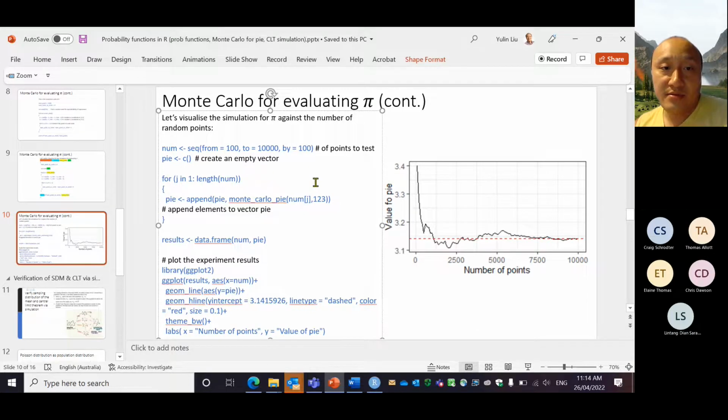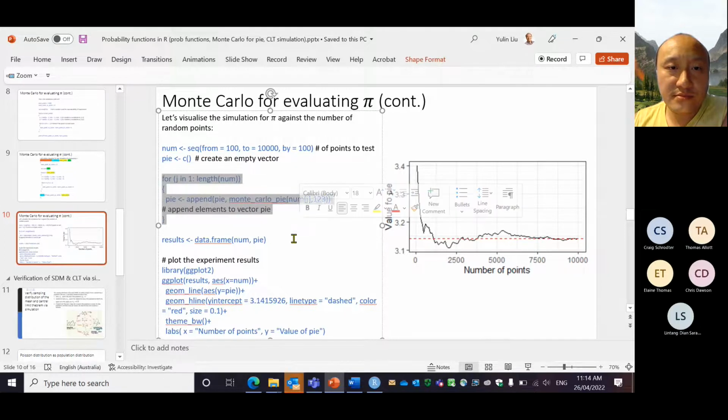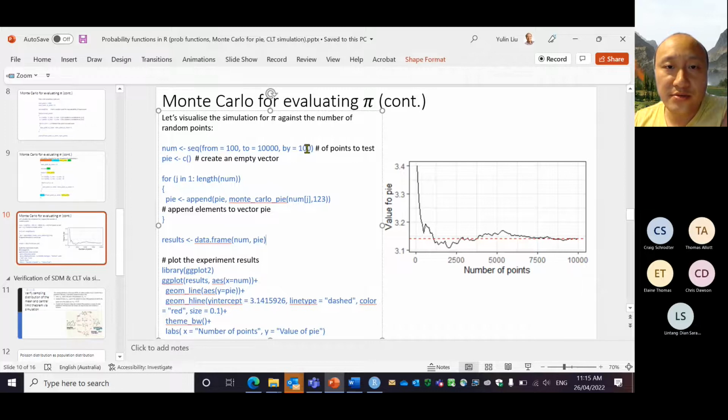And that is the code to do the experiment. Okay. So now we have a sequence here. It's from 100 to 10,000 by 100 each time.